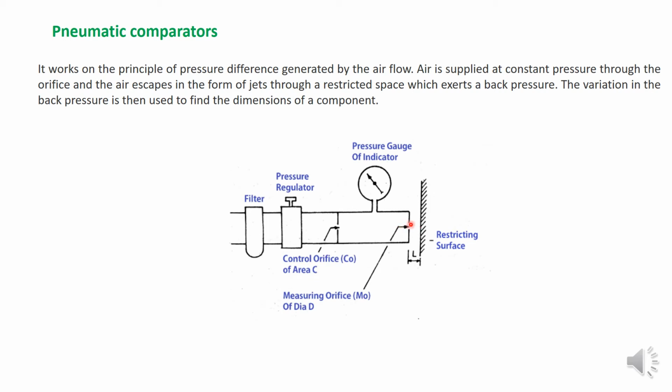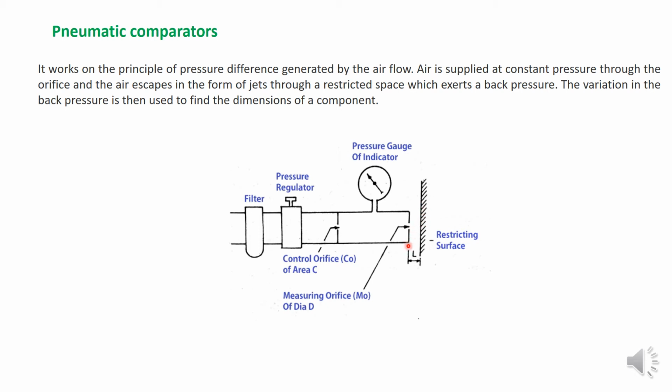when air is blowing from that restricted area and strikes the wall, we move the pneumatic comparator along this direction. When there is any change in the measuring surface, the pressure of the air ejecting from the restricted area changes. Based on the pressure difference, we calculate the variation in the surface.